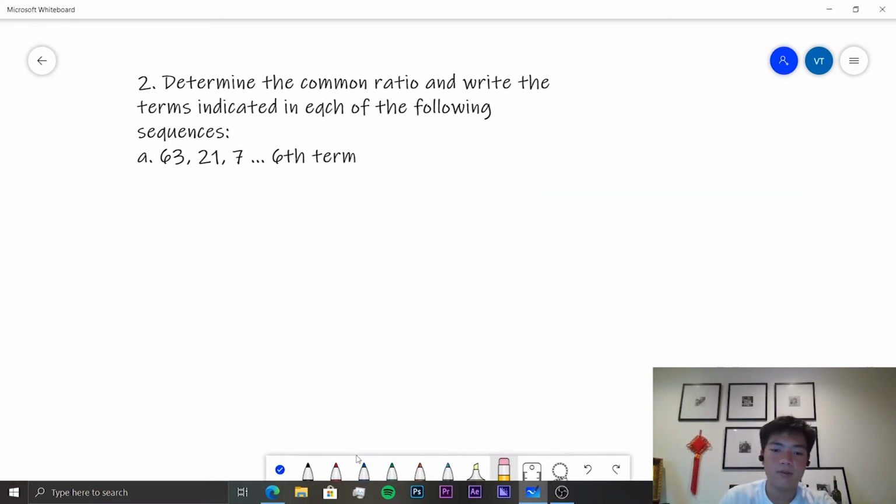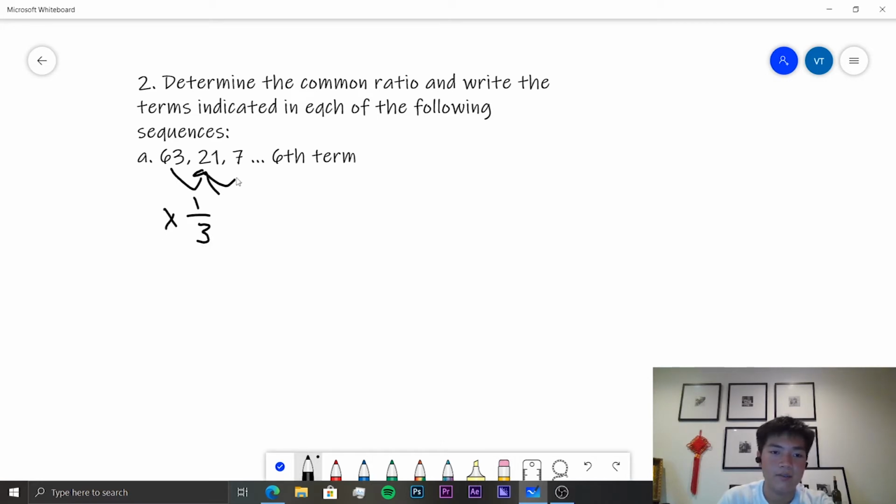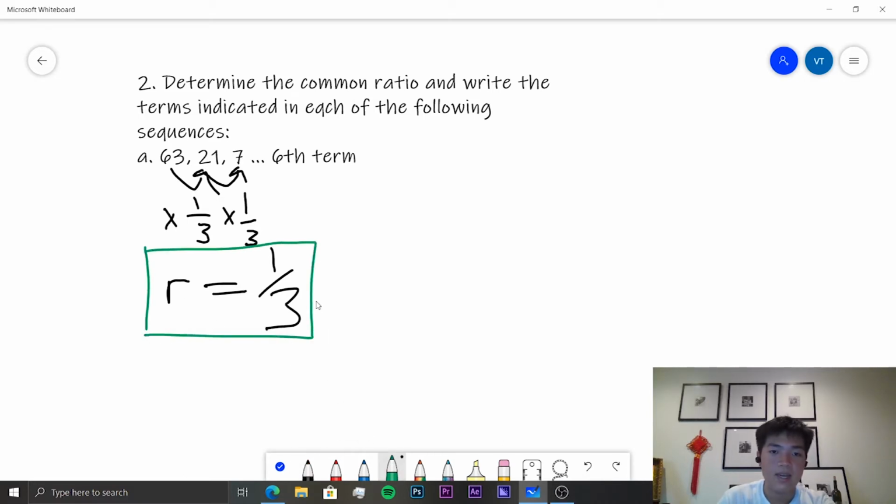So this sequence is also quite simple. Well, to get from 63 to 21, we multiply by 1/3. From 21 to 7, we also multiply by 1/3. So the common ratio of this sequence is 1/3. So we've already found the common ratio. Now we simply need to find the sixth term.